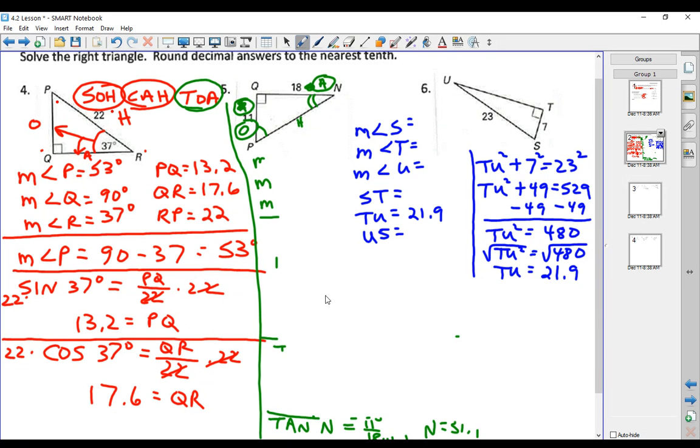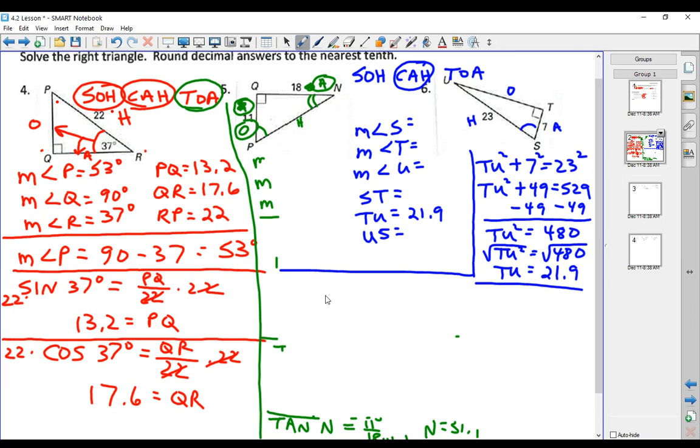All right, now in order to find my missing angles, I'm going to have to use these inverse trig functions again. Okay, so the first one we're going to look at is angle S. And in regards to angle S, I know the adjacent side is 7. I know the hypotenuse is 23, and I'm missing the opposite side. So in terms of SOHCAHTOA, again, I've got adjacent and hypotenuse, that is cosine.